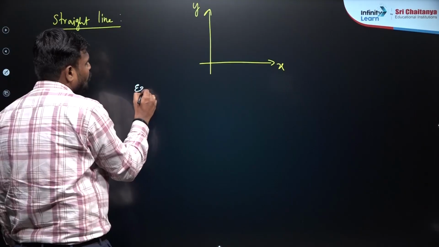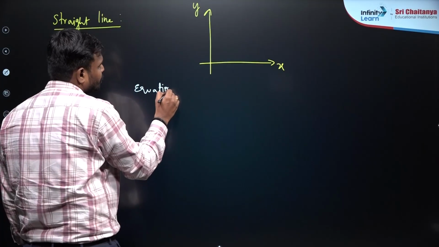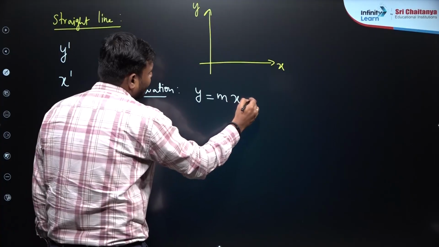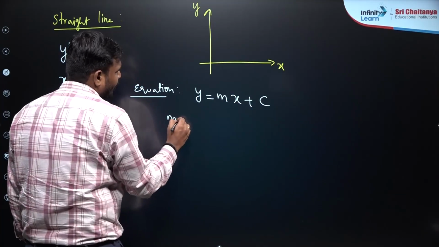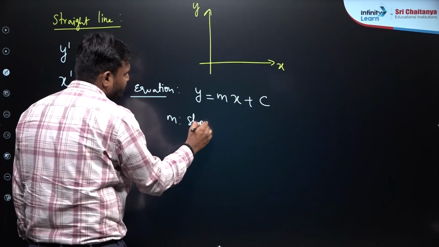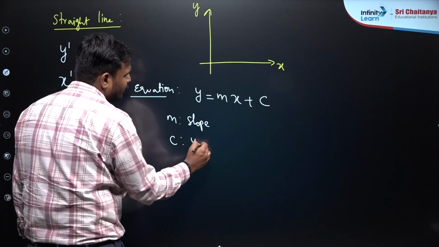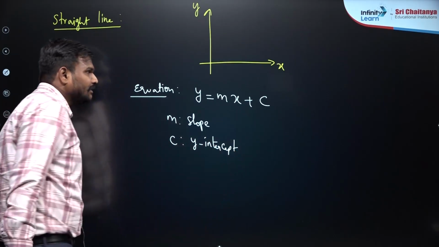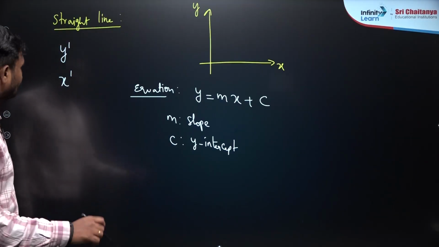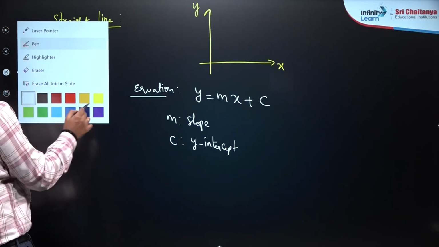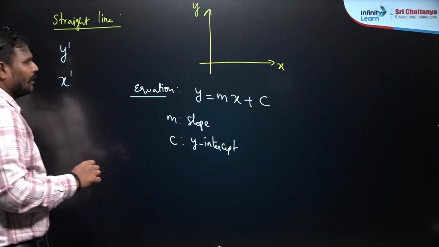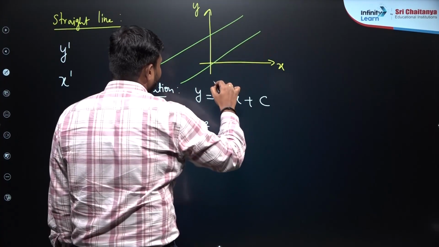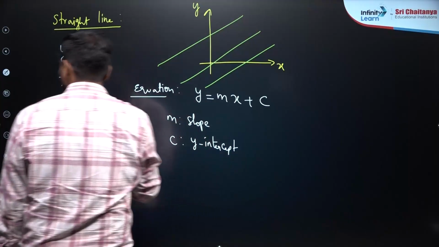What is the equation of a straight line? y is equal to mx plus c, where m is nothing but slope and c is nothing but intercept. Let me tell you. I have 3 lines: line A, line B, line C.